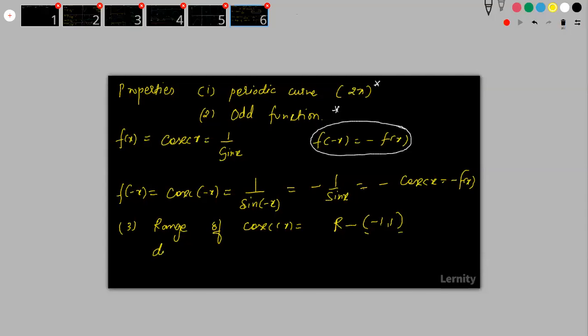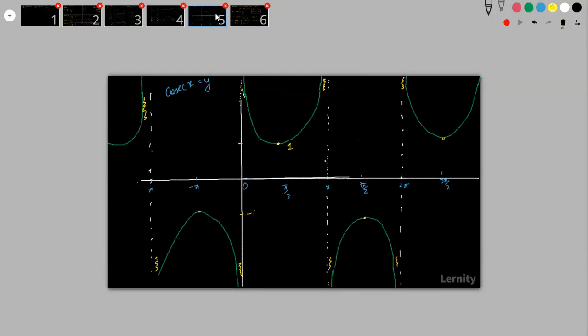Let's see what the domain is. What is the domain of cosecant x? Which values is this curve not taking? Very good. The domain is all the real numbers except 0, pi, 2 pi, 3 pi, minus pi, minus 2 pi, and so on.